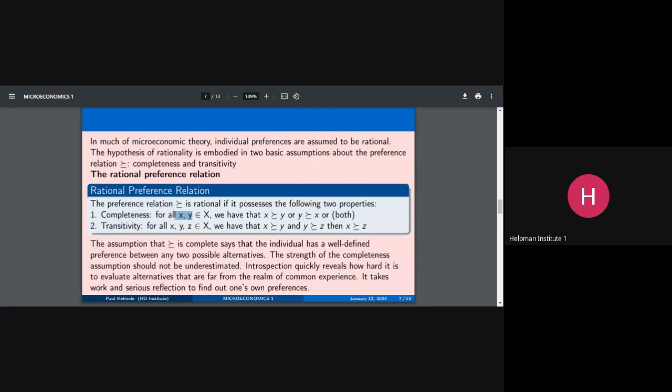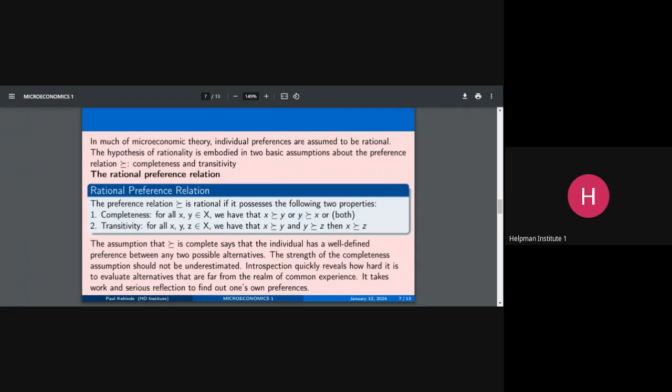So in a preference set X, I'm picking X and Y, and I say X is at least as good as Y, or Y is at least as good as X. Please pay attention to this "or" here. That means both of them are not holding at the same time.